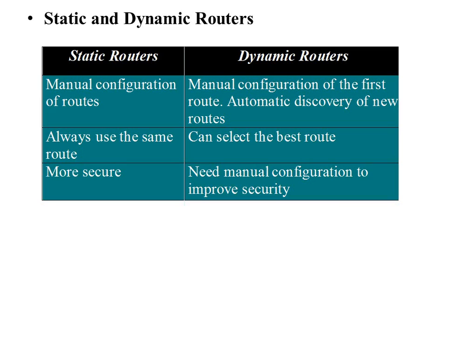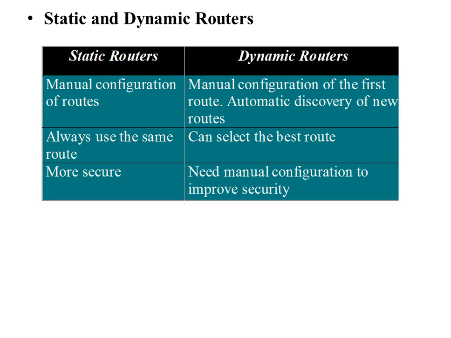When you manually configure the routes, we call it static. When you manually configure the first route, and thereafter it automatically updates the routing table, we call it a dynamic router.